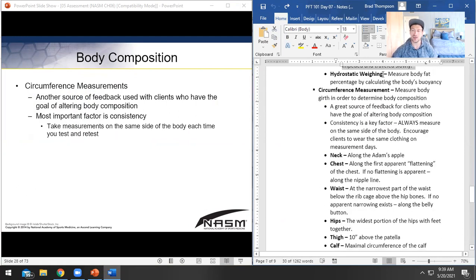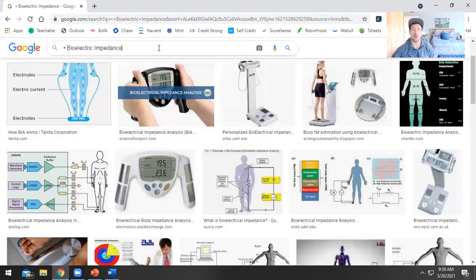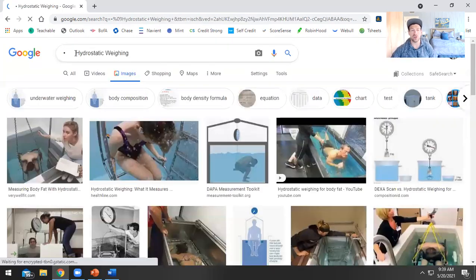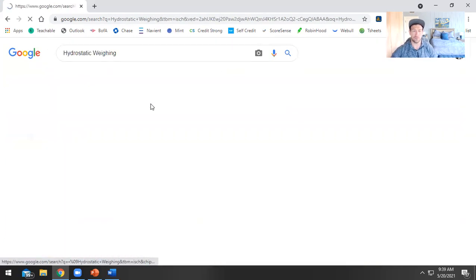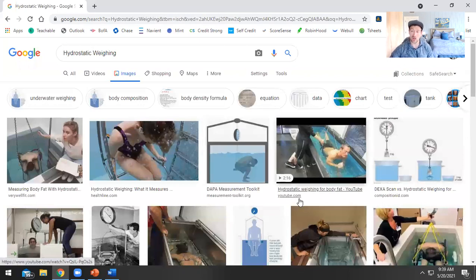There's also hydrostatic weighing. This is another pretty popular method. This is arguably the most accurate of all of the methods. We also know how much body fat weighs underwater. So if you had two people and they both weighed 200 pounds on land, and then you put them underwater and you weighed them again, and one person weighed, let's make up some numbers, 160 pounds underwater, and then the other person weighed 180 pounds underwater.